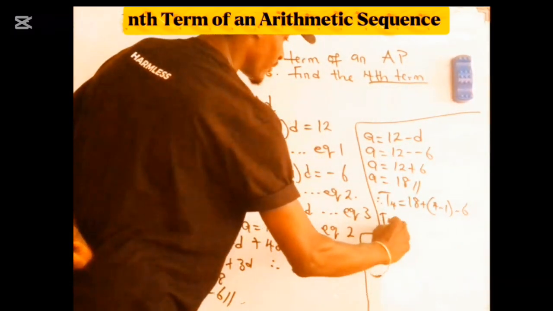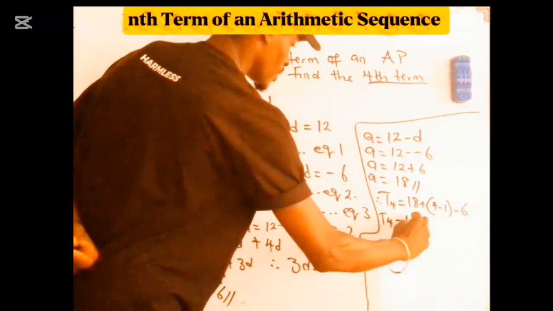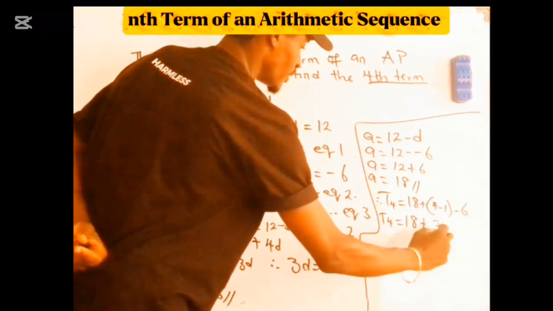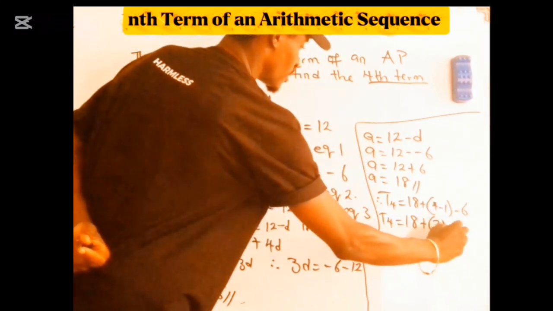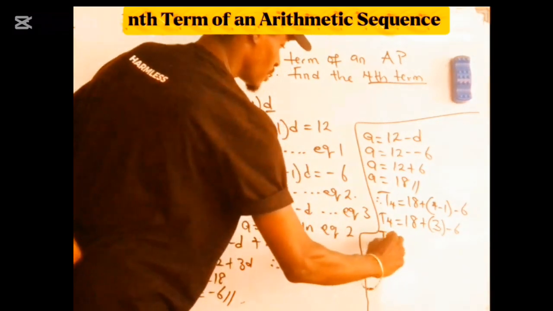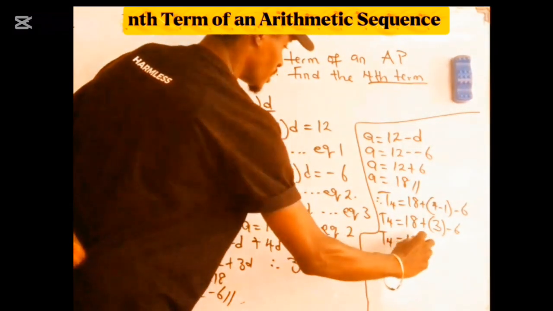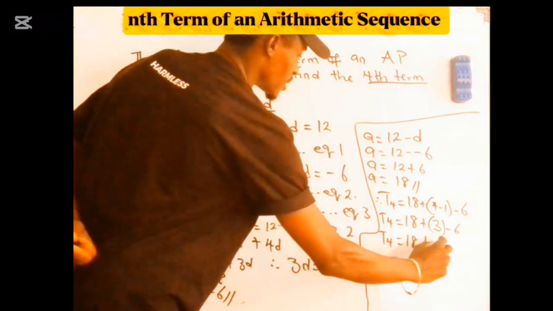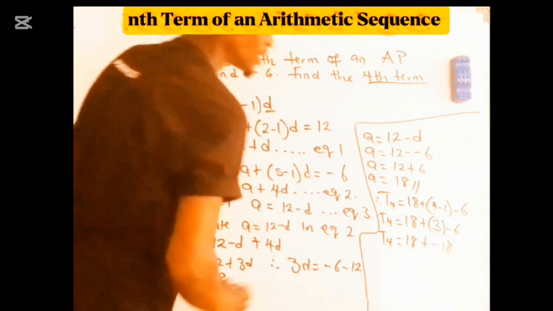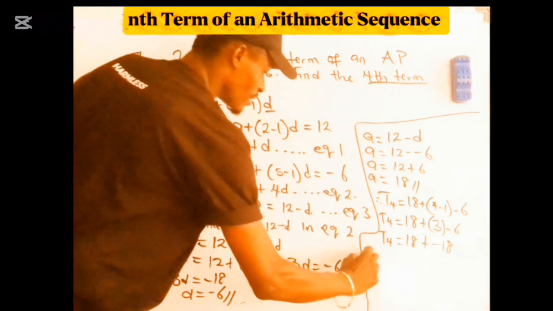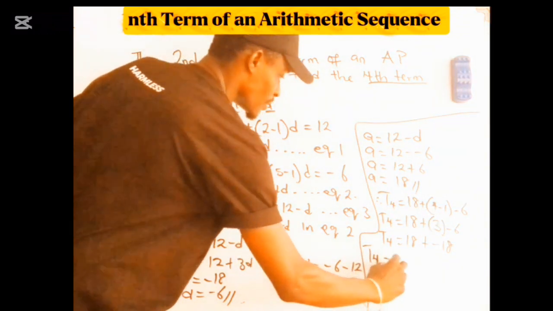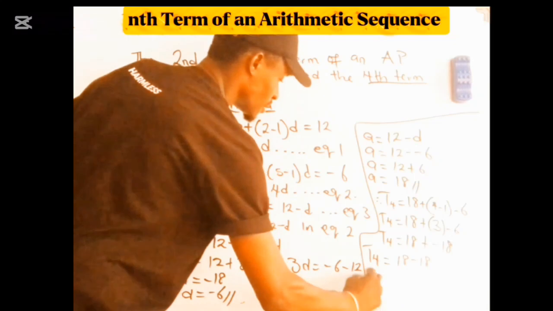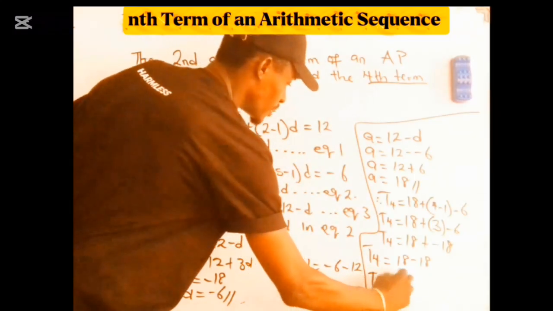That makes T4 to be 18 plus (4 minus 1), 3, times minus 6. So T4 will be 18 plus 3 times minus 6, which is minus 18. That makes T4 to be 18 minus 18. So T4 is 0.